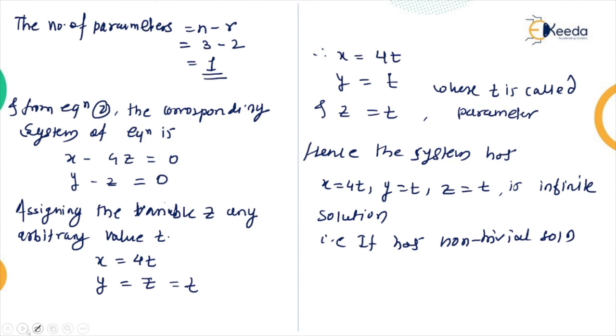So in this way we discuss the value of k, we discuss consistency, and we discuss what type of solution.